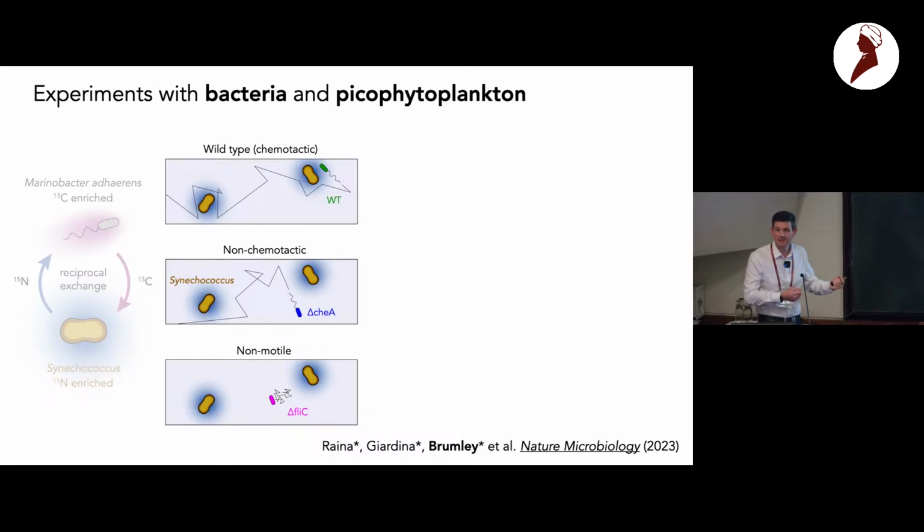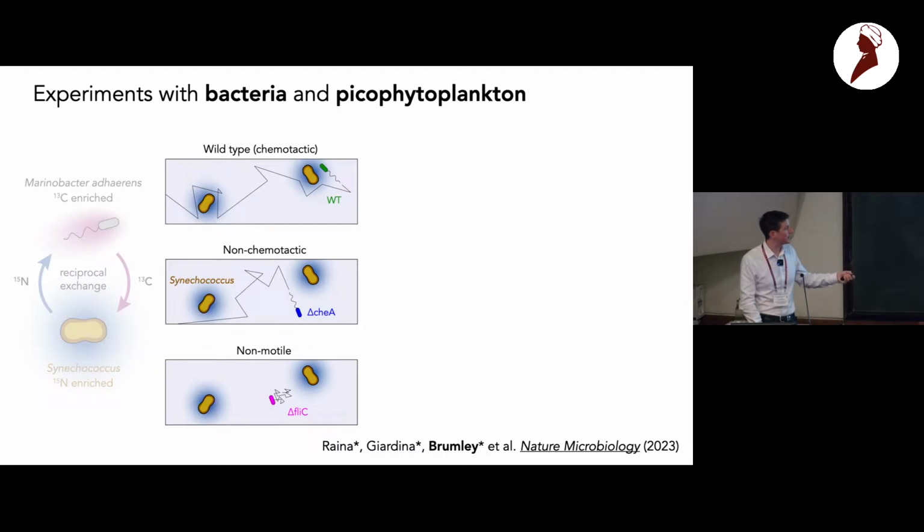So that's basically a follow the money approach of tracking the fate of nutrients going from one cell to another and attributing that to the spatial encounters between these organisms. But the key thing that we were able to vary here is switching on and off their capabilities to do chemotaxis. So we have bacterial mutants that can do chemotaxis, shown on the top here.